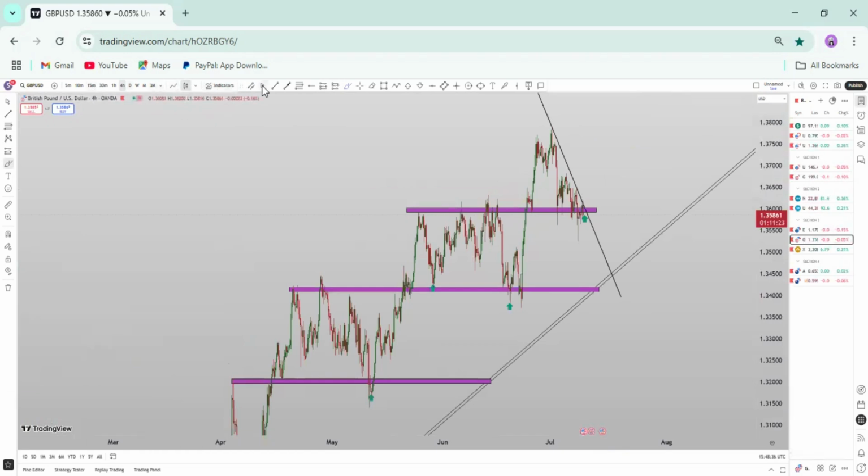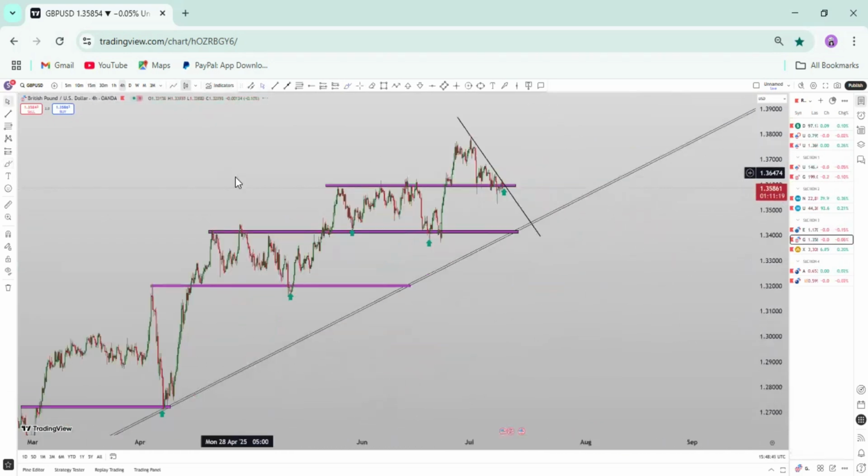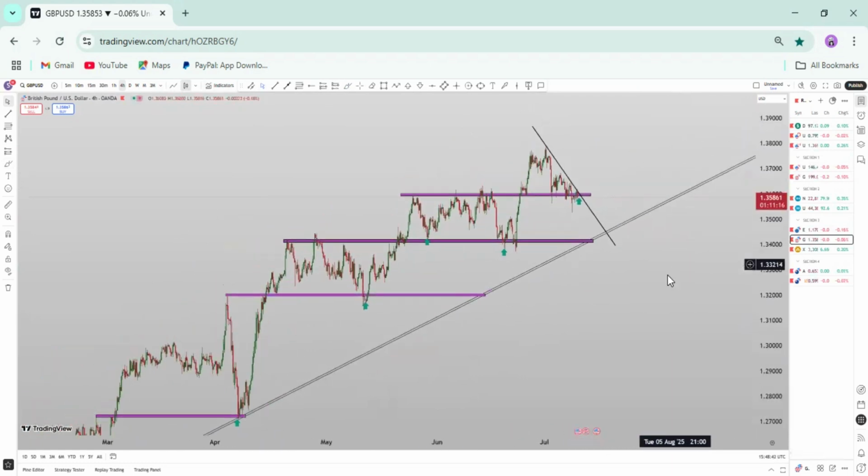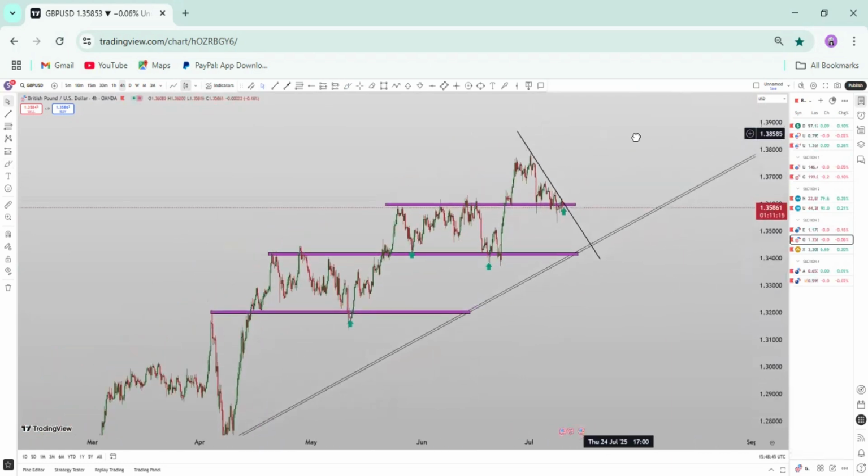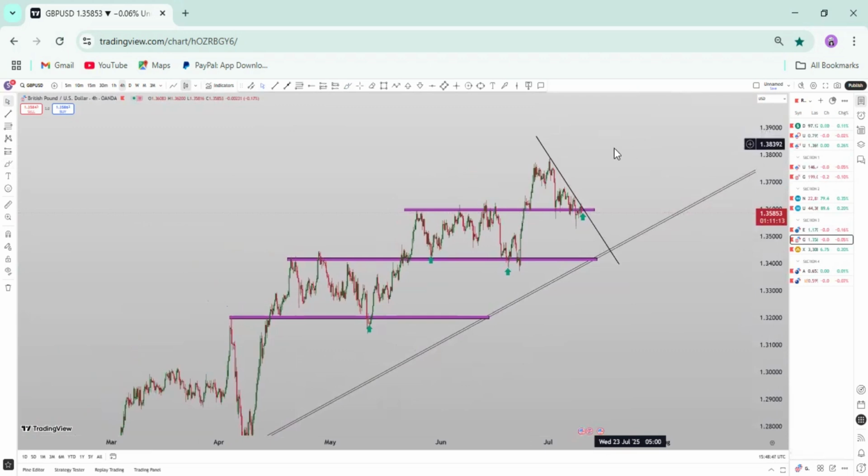Now, this is a bit challenging. This is GBP USD. I remember I entered this trade on the second leg around here, but immediately after I entered, the market started reversing at me very quickly. Then I got out of the trade around here.